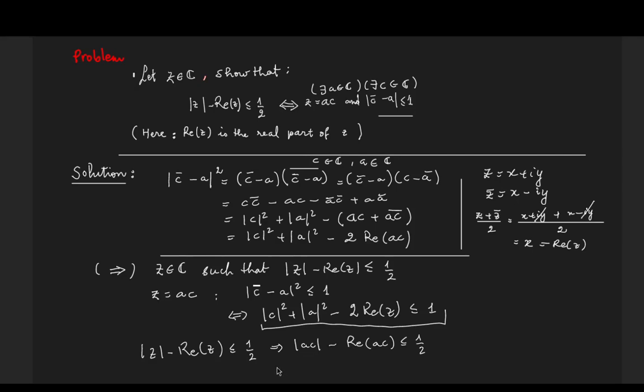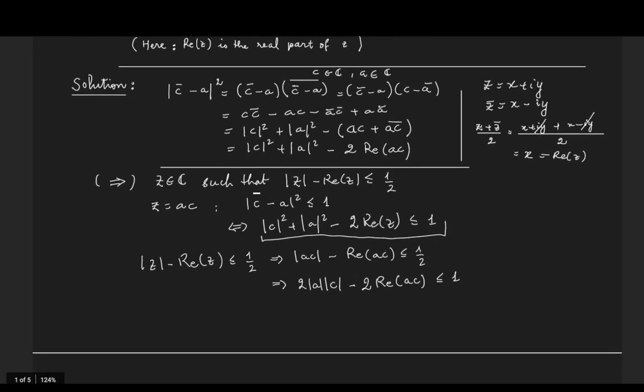So we will multiply both sides by 2. So we have 2|a||c|, since this can be parted as a product of the moduli, and since we multiply by 2 both parts, we have this inequality here.